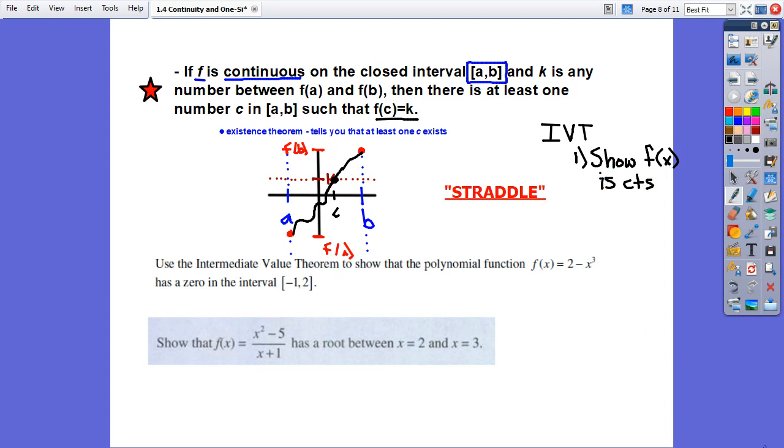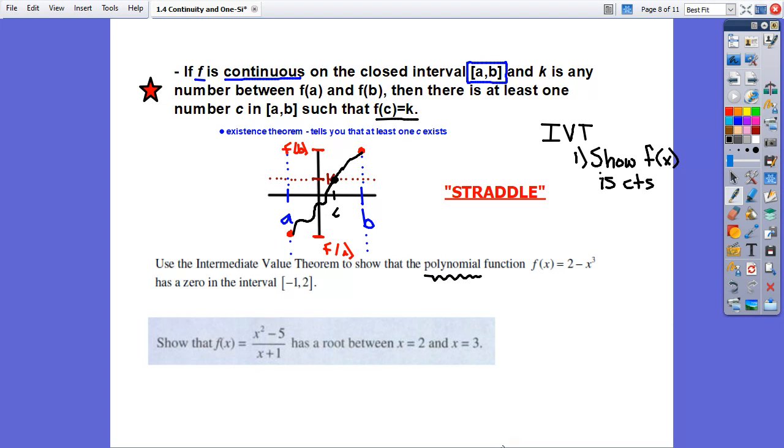I show something's continuous by showing that the value is defined, that the limit exists, and that they're equal to each other, okay? Now, over an interval, how do I show a function is continuous? Well, a lot of times it's either stated that f of x is continuous over an interval, or, like in this case, that right there gives it away. We have a polynomial function, f is a polynomial.